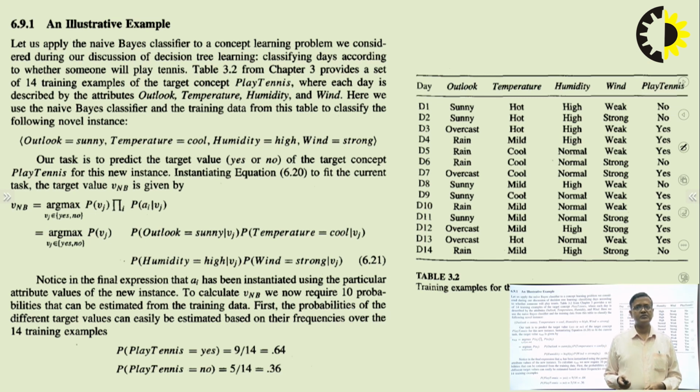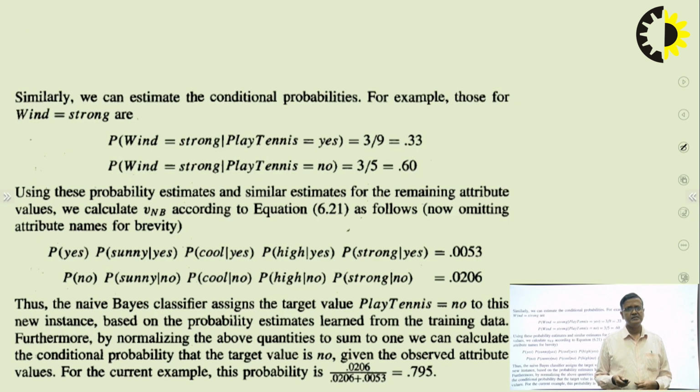So we have 3 cases where the wind is strong and play tennis is no, so the probability comes out to be 3 by 5, which is 0.60.